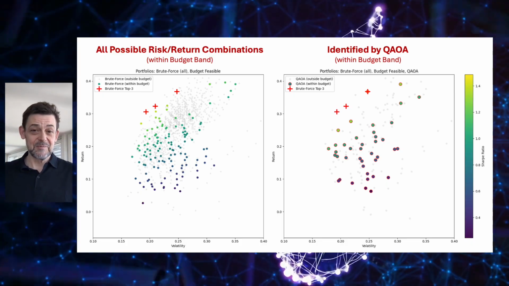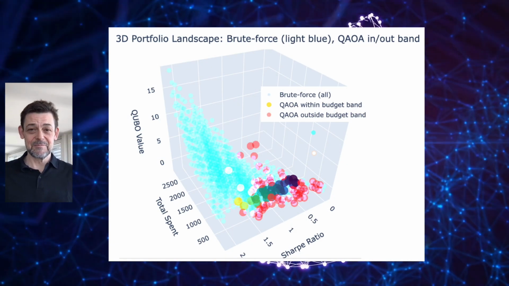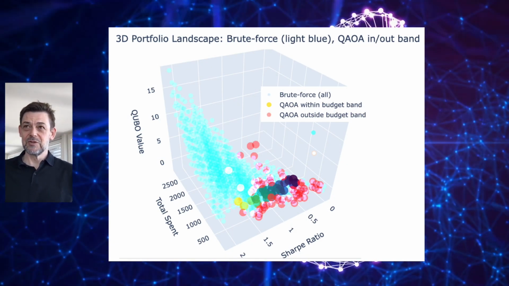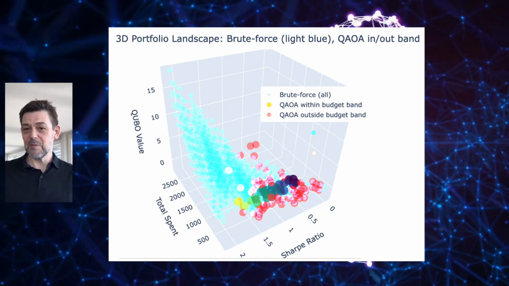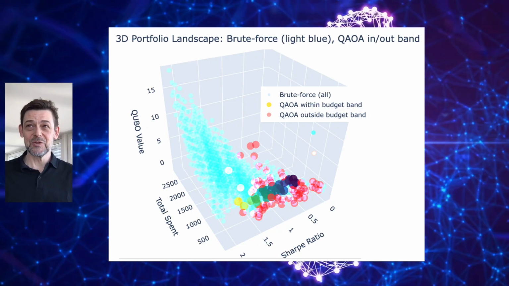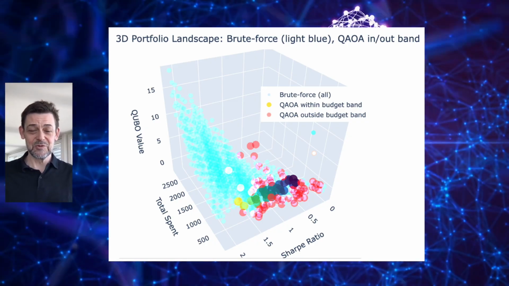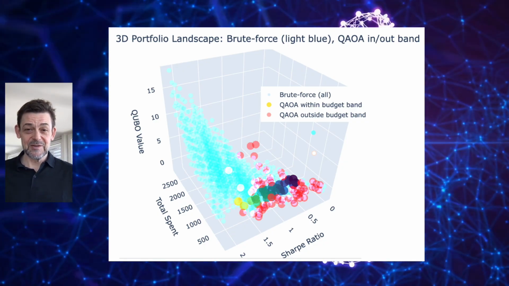To make this more transparent, we look at this three-dimensional plot here. You see that the QAOA is a complex plane in the 3 dimensions. A properly prepared QAOA approach will select predominantly portfolios which are near the low QAOA area. You can see that nicely in the plot.